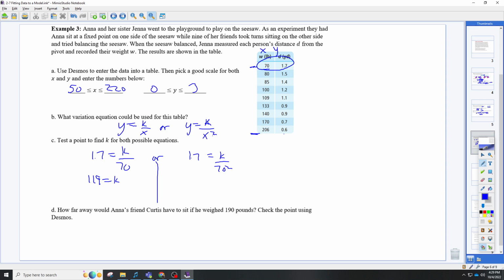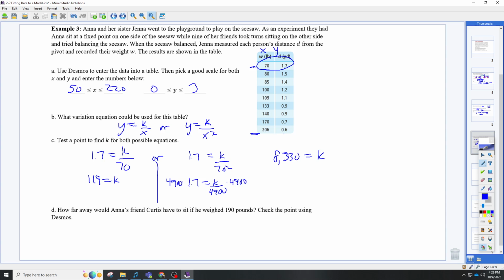Over here, I had to do 70 squared first, which is 4,900. So I get 1.7 equals k over 4,900. Multiply both sides by 4,900, times 1.7. I got 8,330 equals k.